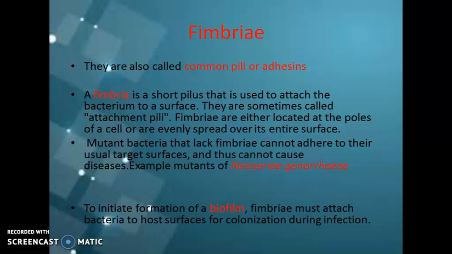So they cannot cause disease. Such bacteria are not capable of causing disease. For example, Neisseria gonorrhoeae, the gram-negative organism responsible for causing gonorrhea, as a result of this mutation might lose its Fimbria and become non-pathogenic.